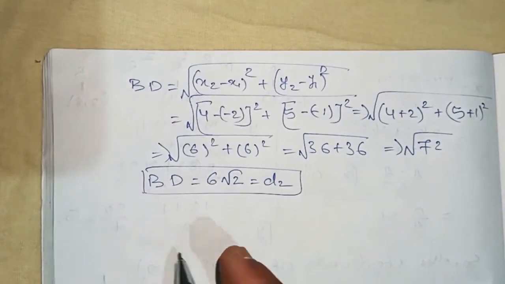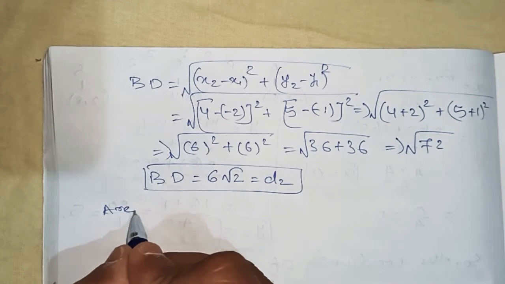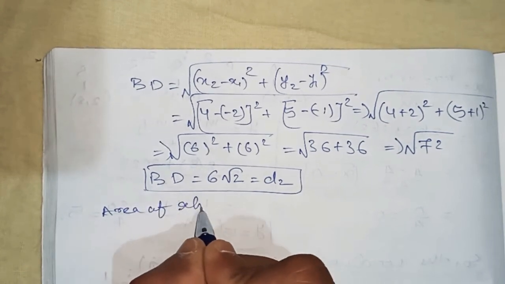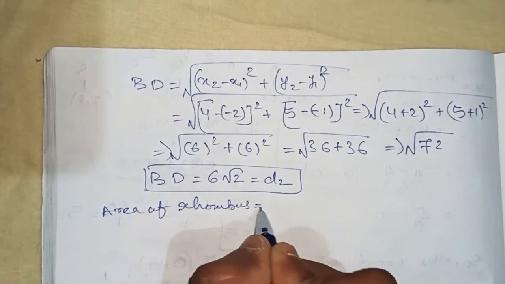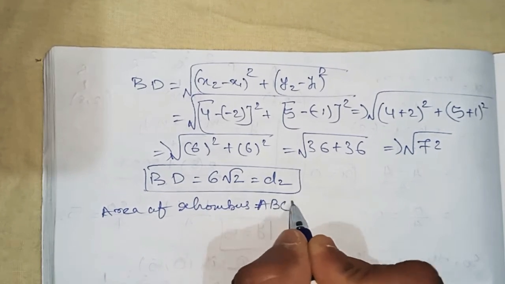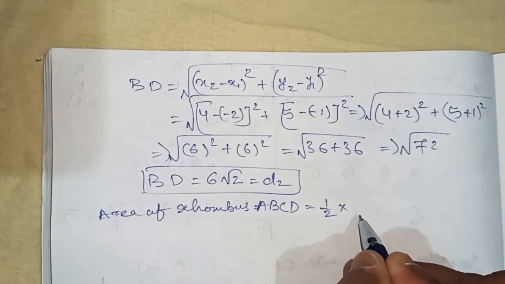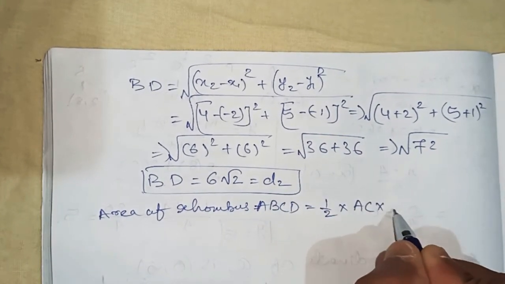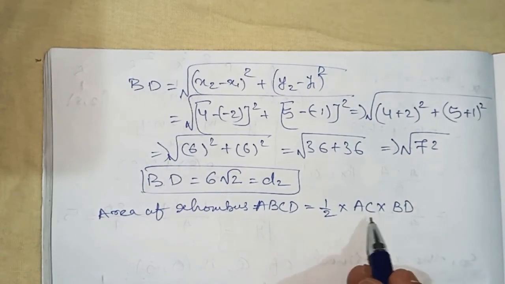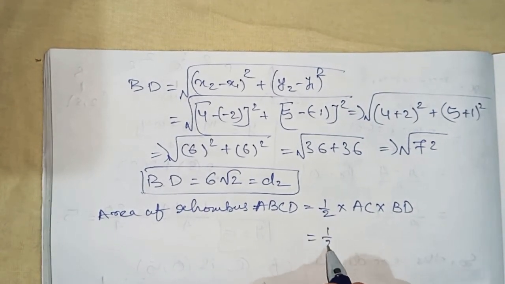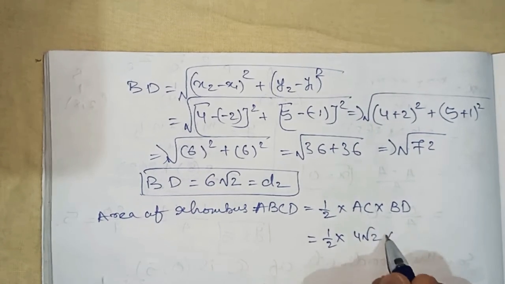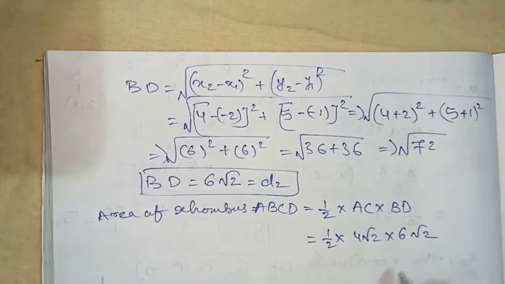Now we will find the area of the rhombus. Area of rhombus ABCD is equal to half into AC into BD, half into d1 into d2. So half into 4 root 2 and BD is 6 root 2.